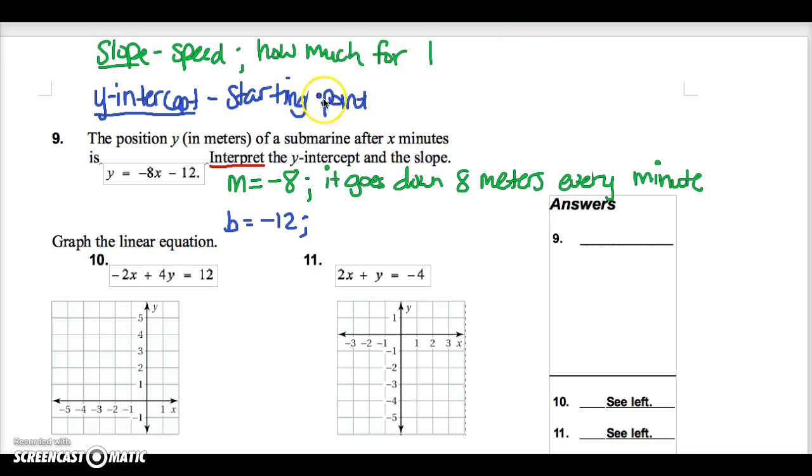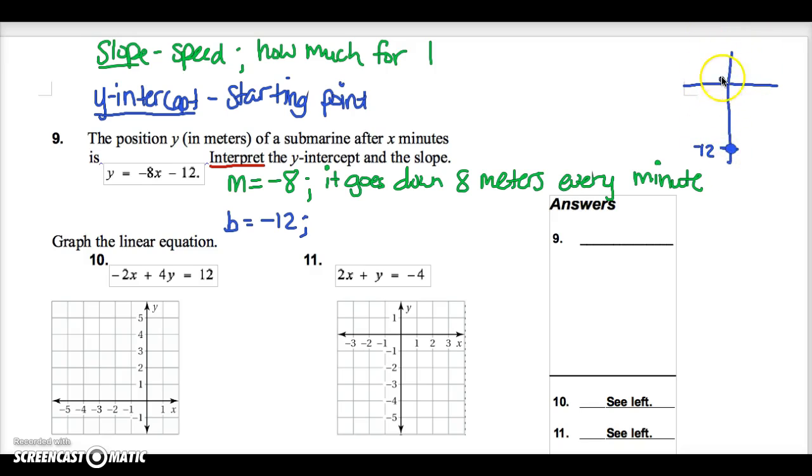Okay. Because if you think about it, if I were to graph this equation, my y-intercept is -12. What that means is it crosses the y-axis at -12. So let's say -12 is way down here. Okay.